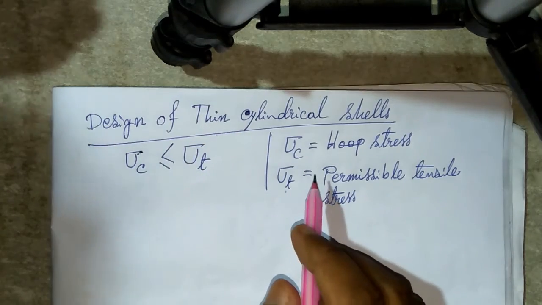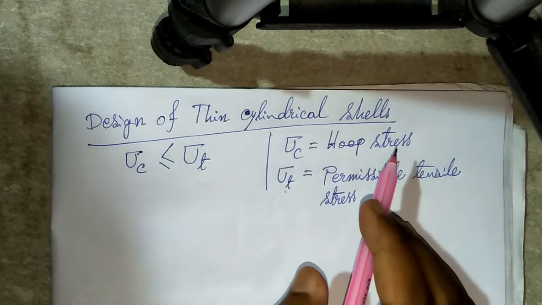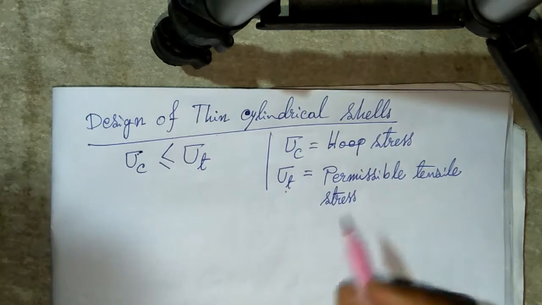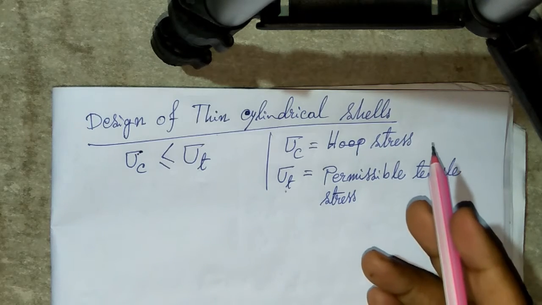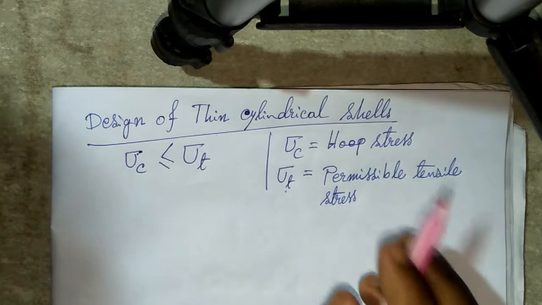Since the circumferential stress or hoop stress is the higher one for any cylindrical shell, the shell is designed on this stress basis.